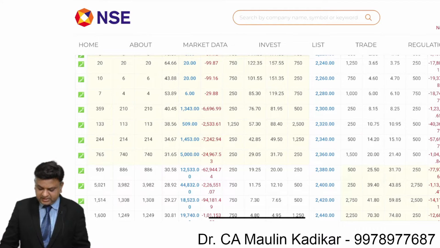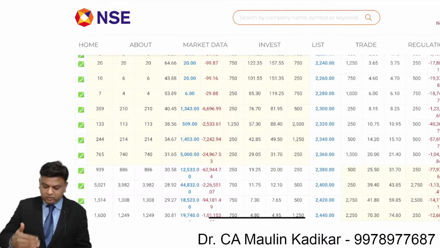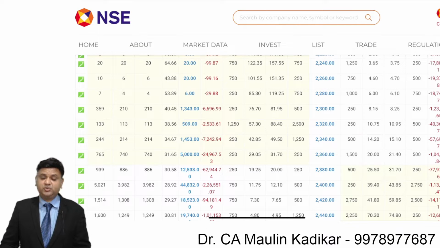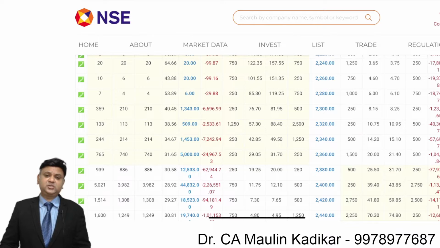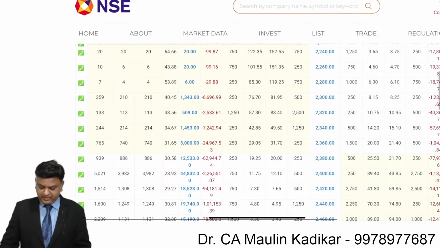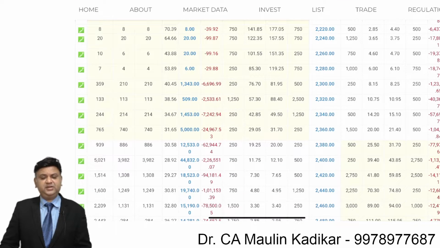At 2340, the premium increases to 49.5. At 2320, the premium increases to 88.4. At 2300, the premium increases to 81.95. In a way, logically we understand that in the case of a call option, whenever the exercise price reduces, the premium amount will increase.